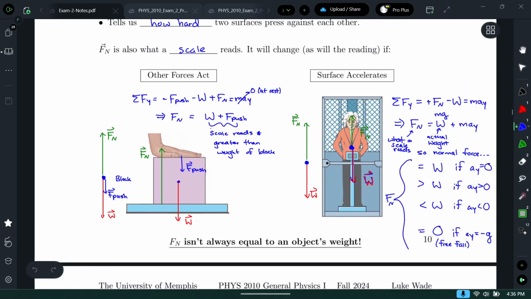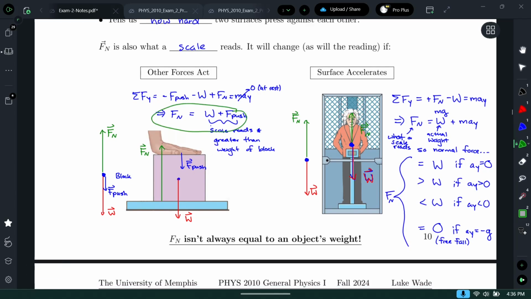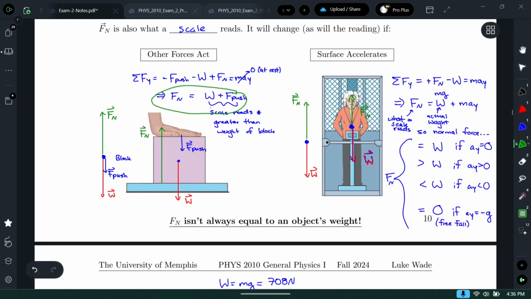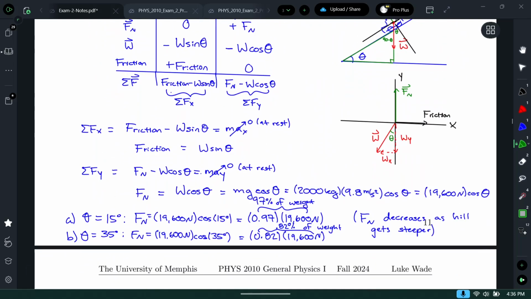So if other forces are acting, we found that the normal force is not equal to weight. If the object's accelerating, then the normal force is not equal to the weight. If the object is on an incline, the normal force is not equal to the weight. So the main thing to be careful about is you cannot guarantee until you prove it to yourself through a free body diagram that those are equal.